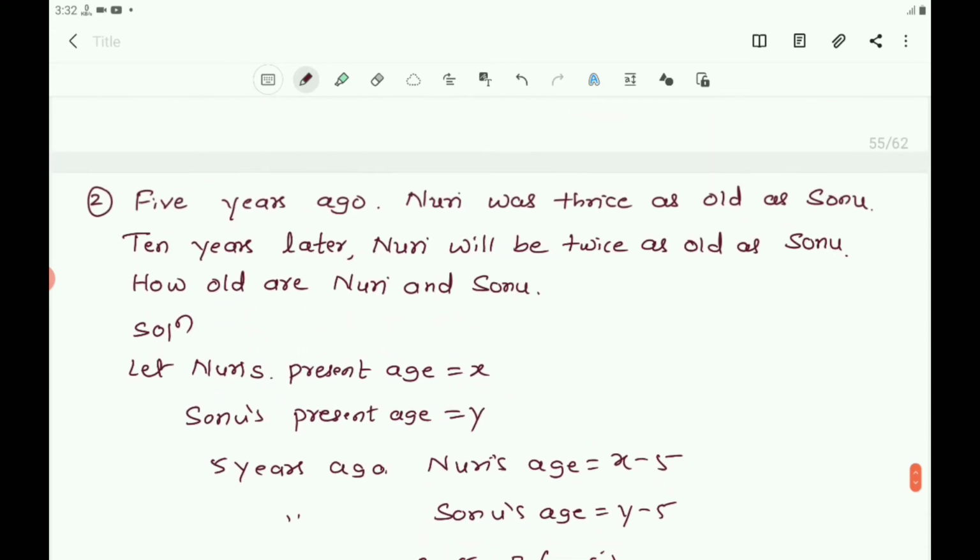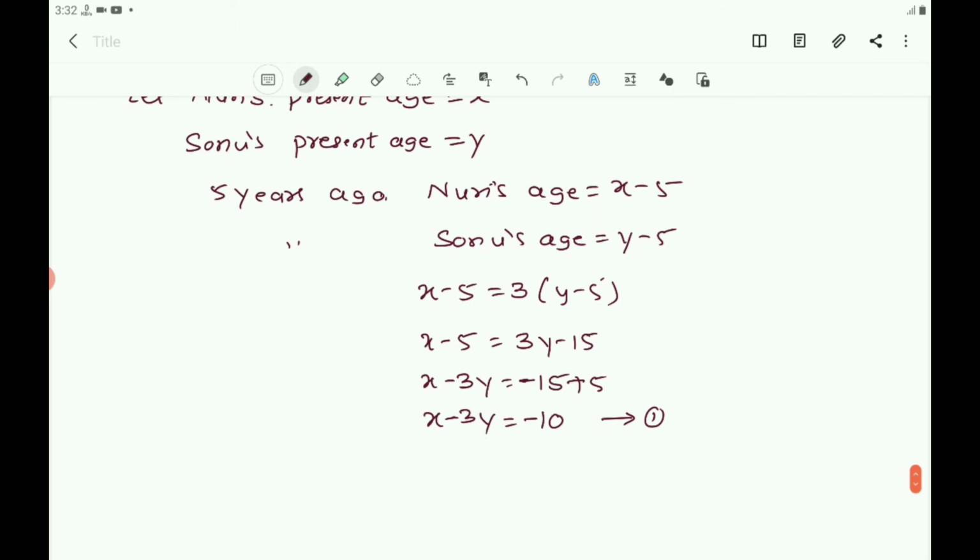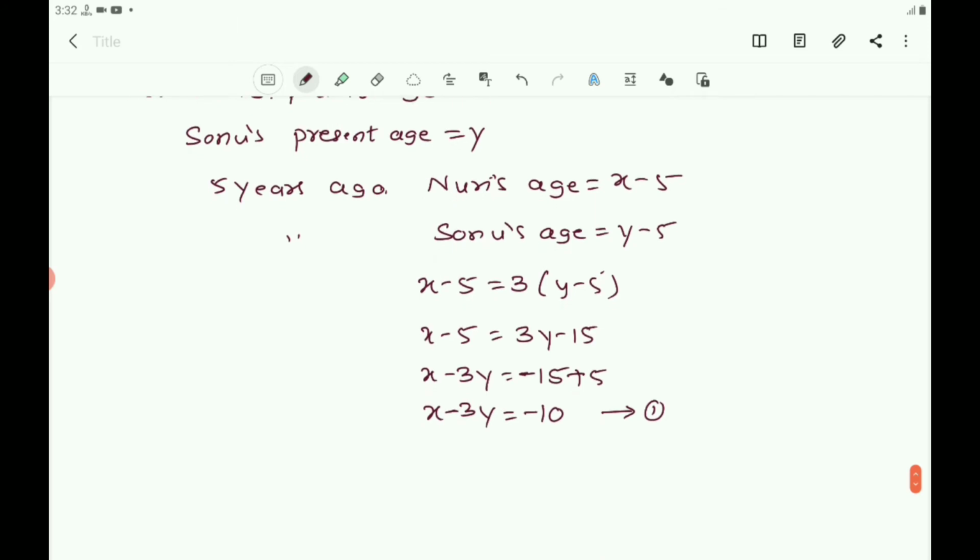Now the second situation: 10 years later, means 10 years after, Nuri will be twice as old as Sonu. So 10 years after, Nuri's age becomes x plus 10, and Sonu's age becomes y plus 10.